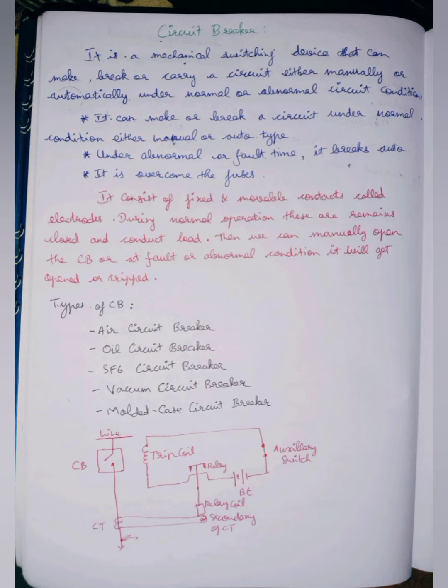Then the types of circuit breakers. There are different types of circuit breakers as per our usage in our site: air circuit breaker, air blast circuit breaker, oil circuit breaker, minimum oil and bulk oil, SF6, which means sulfur hexafluoride circuit breaker, vacuum circuit breaker, molded case circuit breaker, the normal miniature circuit breaker, residual circuit breaker, and residual current earth fault, which means earth leakage circuit breakers.